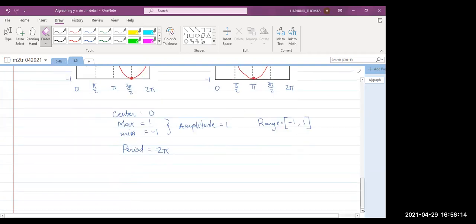Suppose, for example, we do the following. Example 1. Graph in the xy plane, y equals, let's say, 3 sine x.